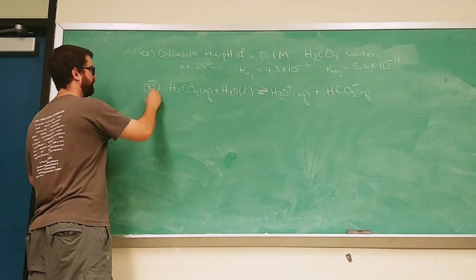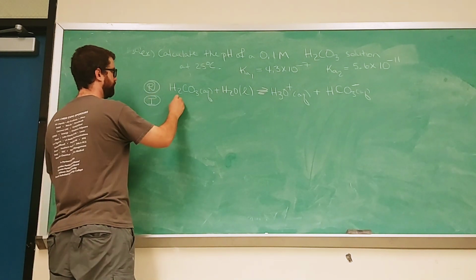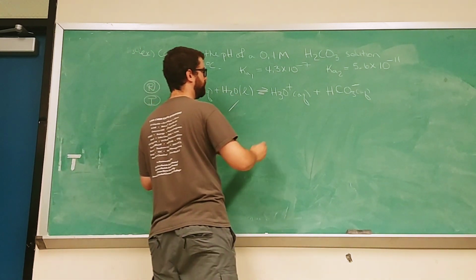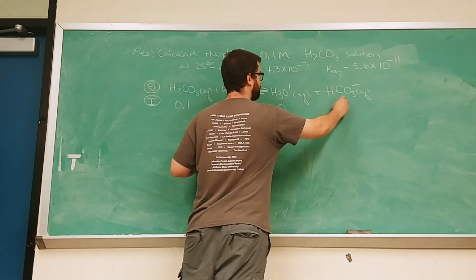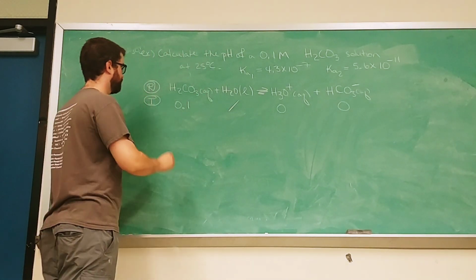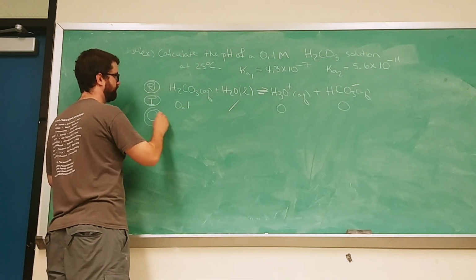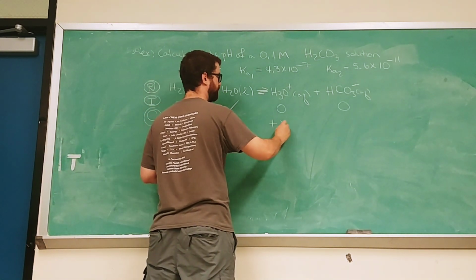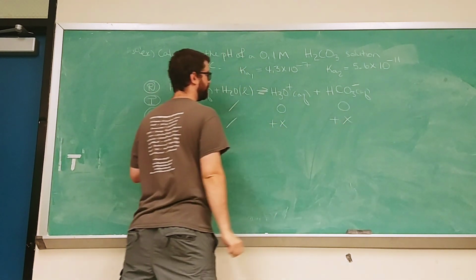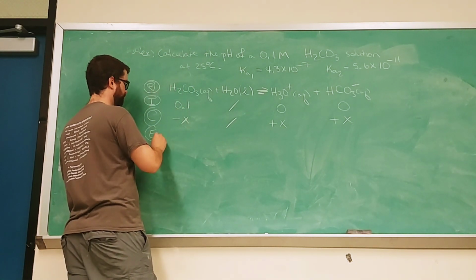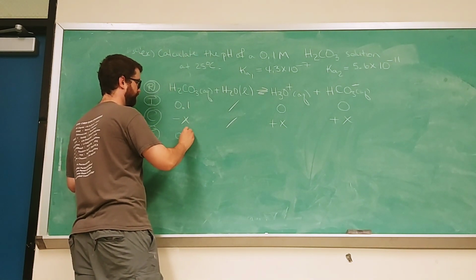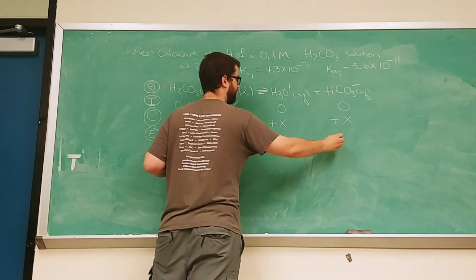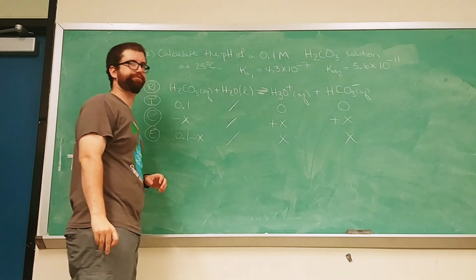And I can fill out my RICE table. This is 0.1 molar. I don't care about liquids. 0 and 0. Change: minus x, I don't care, plus x, plus x. And at equilibrium, 0.1 minus x, I don't care, x and x.